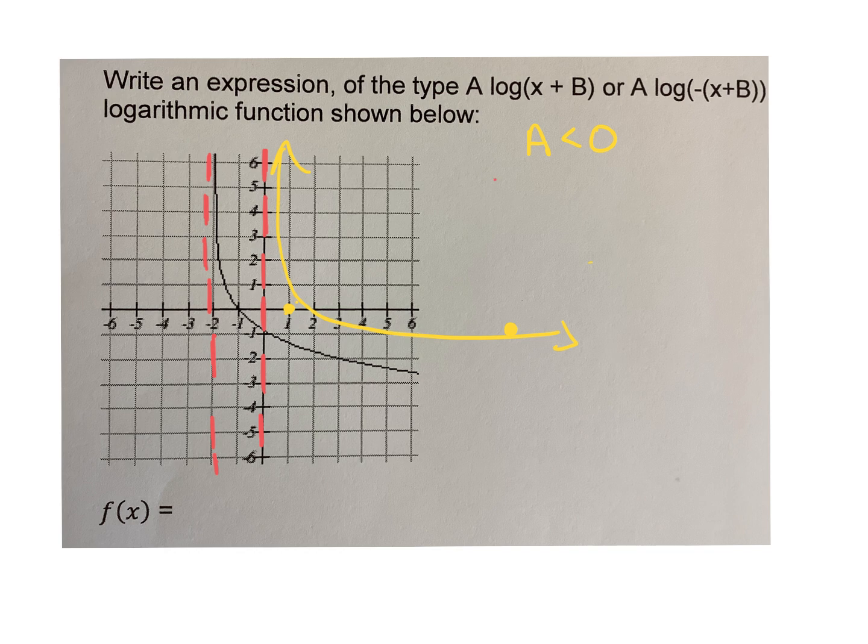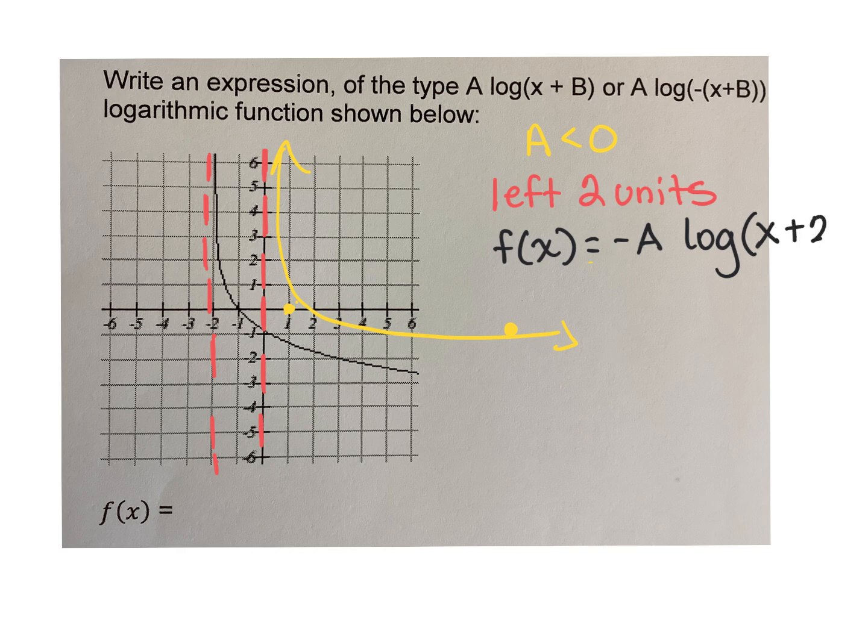So we have moved left 2 units. So I can start out with an equation that says f of x is equal to -a, and then I have log of x, and if I'm moving left, I will be adding 2.